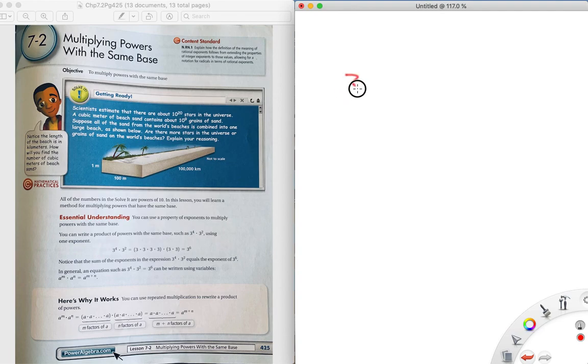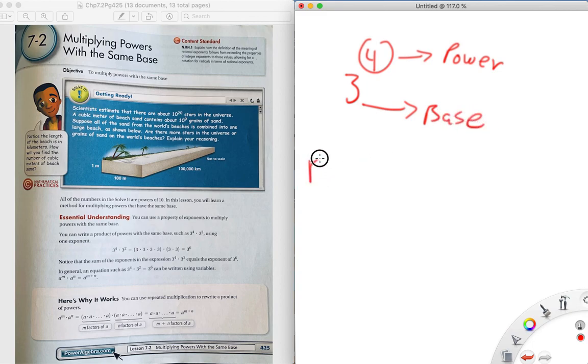let's say 3 to the 4. 4 is your power or your exponent. 3 is your base. What does the base mean? The base is the number that's being multiplied over again.